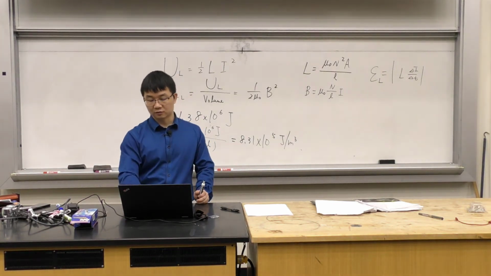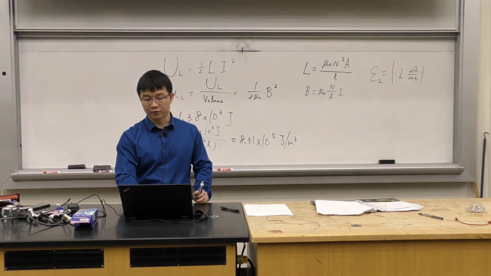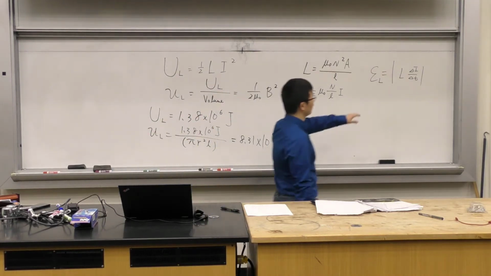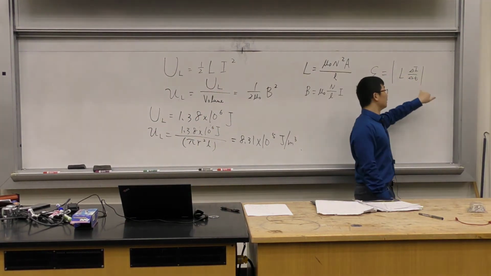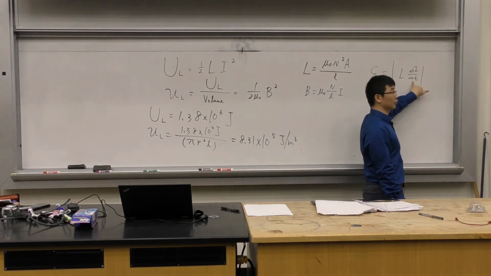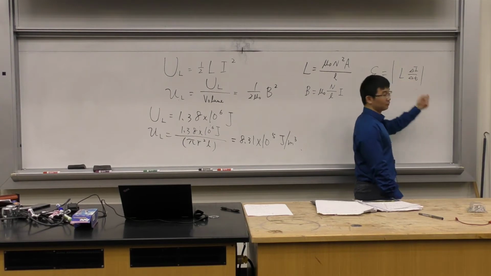When the switch is closed, there's a sudden increase of the current through this inductor. So you will have a changing current divided by changing time. That's also very quick, so this number is also very large, because the time is very short. Both of them are going to be very large.